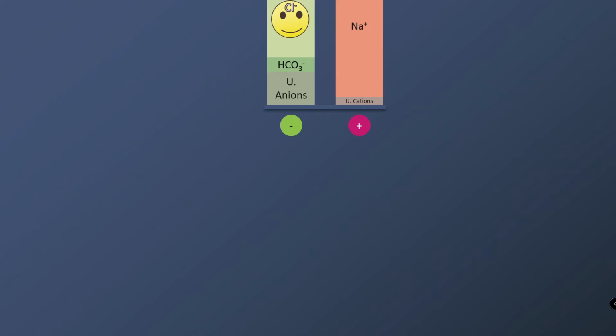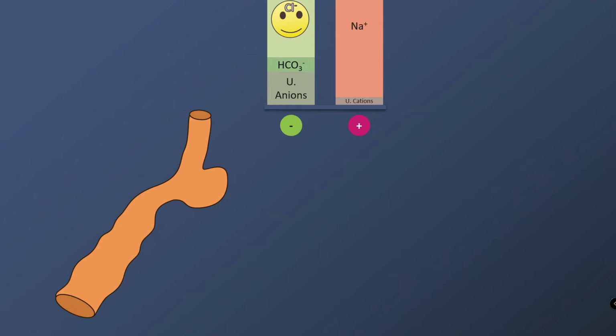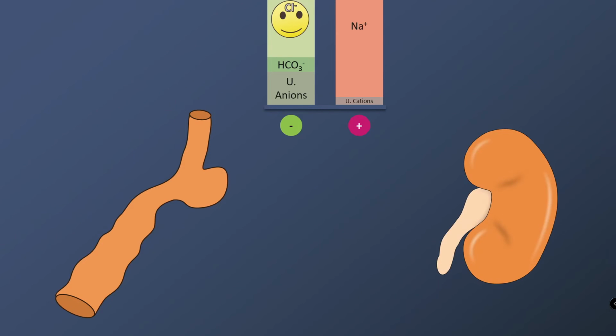Of course, there is sweat also, but mainly there are two, and these are stools and urine. So from the GIT in the form of stools, or from the kidney. Either you urinate it out or you defecate it out.